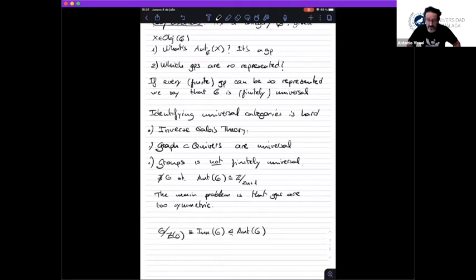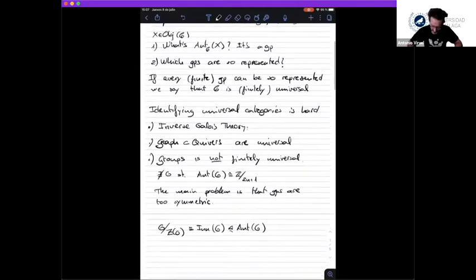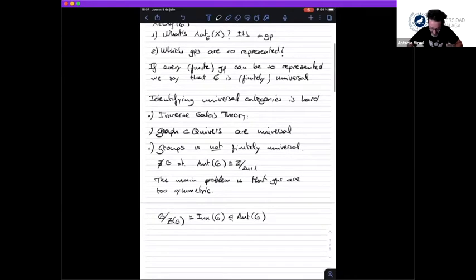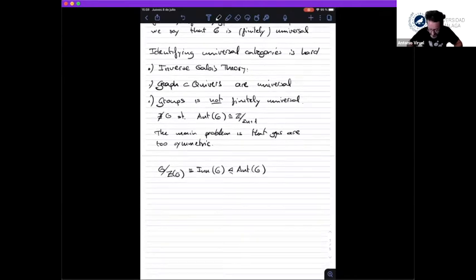If you start with something abelian, you must always have an involution: either the group is trivial, or you get minus the identity, which is a group morphism for abelian groups. Or if you start with an elementary abelian group that is not C2, you can always swap two generators. That's the reason why you cannot get groups to be finitely universal.